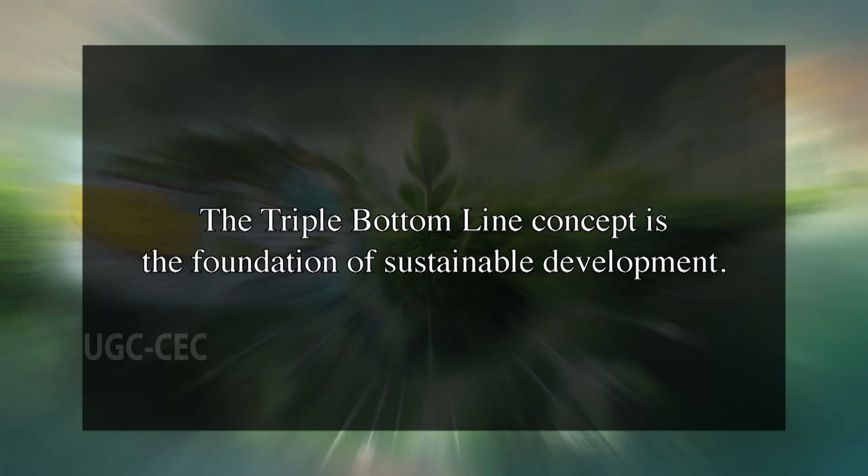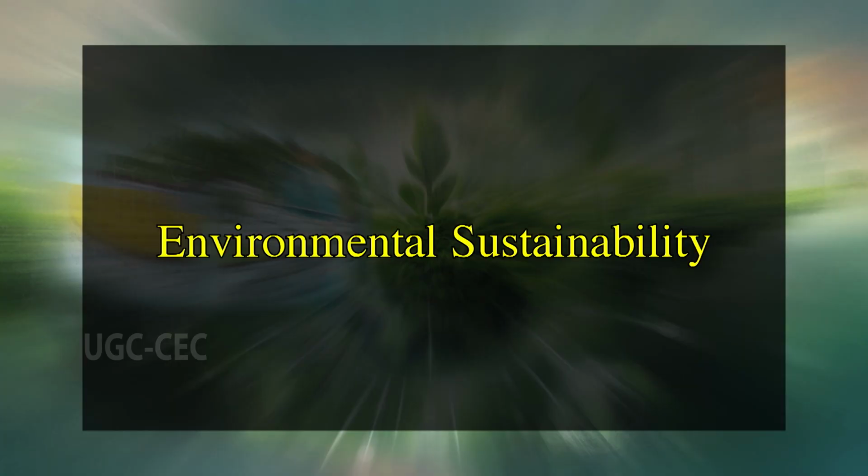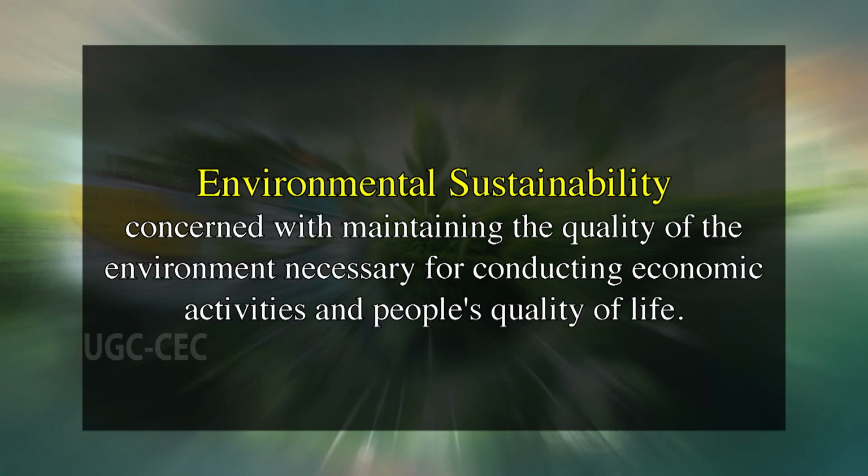The triple bottom line concept is the foundation of sustainable development. It suggests striking a balance between three pillars of sustainability. The first pillar is environmental sustainability, which is concerned with maintaining the quality of the environment necessary for conducting economic activities and people's quality of life.